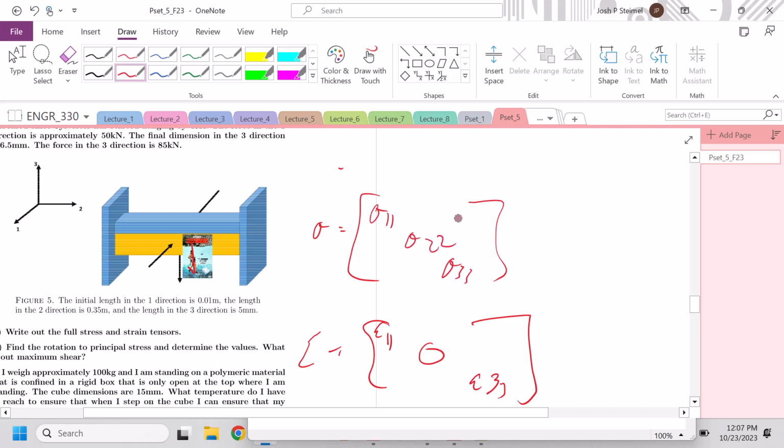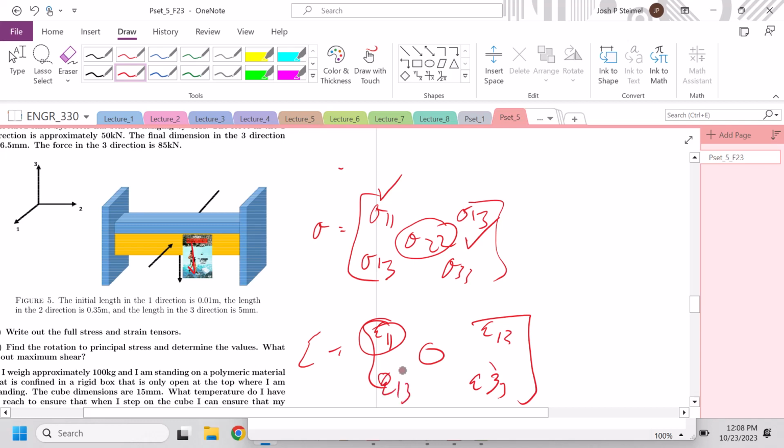We're pushing in here, it's pulling here, but we also want to expand out due to thermal expansion. There's also going to be a sigma 1-3 and a strain 1-3.